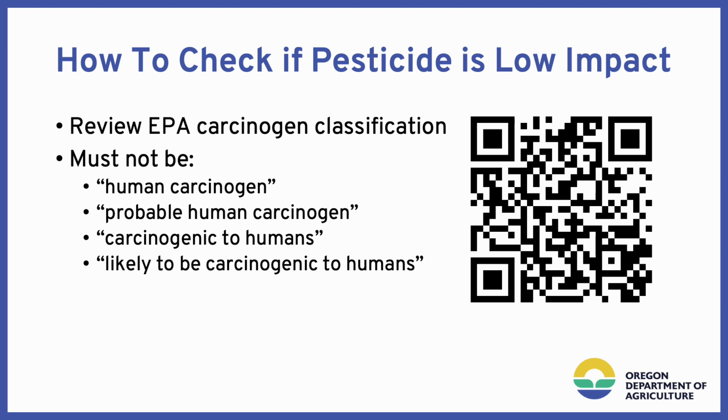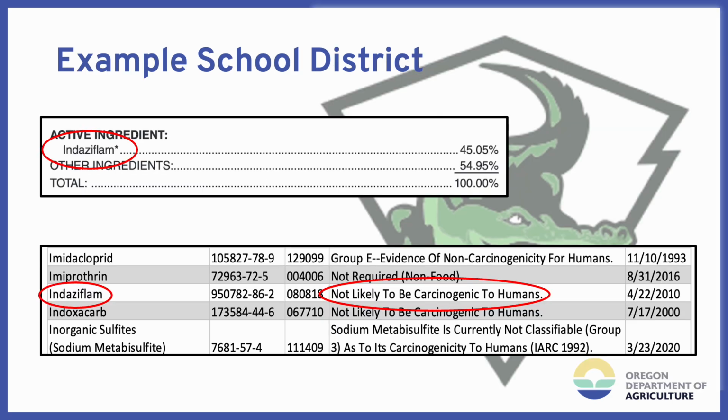We will be looking to see if any active ingredient in a product you may be considering has been classified as such. If it does not bear one of those classifications, it meets the second criteria of a low-impact pesticide. Returning to our example, Mr. Boucher has located the active ingredient in Weed Goodbye as indaziflam, which he found on the product's label.